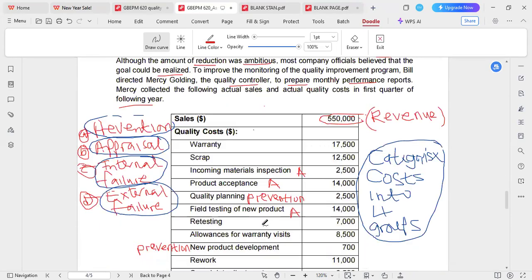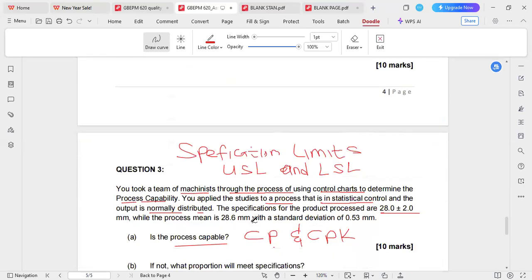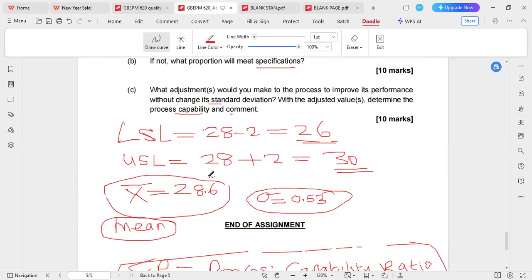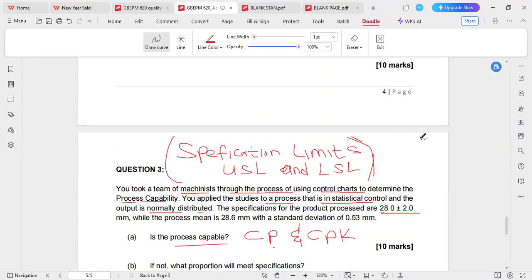Then the last one was on specification limits, question 3, which was testing for process capable of meeting specification.